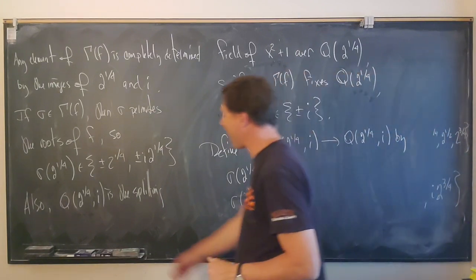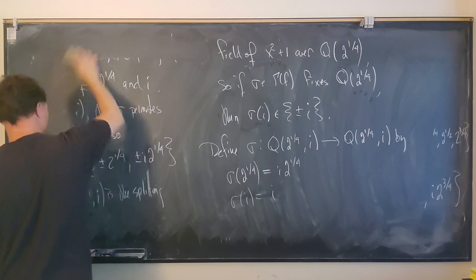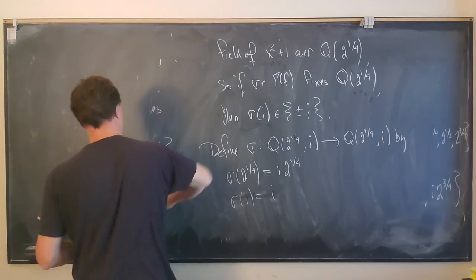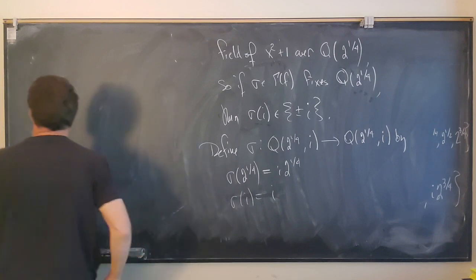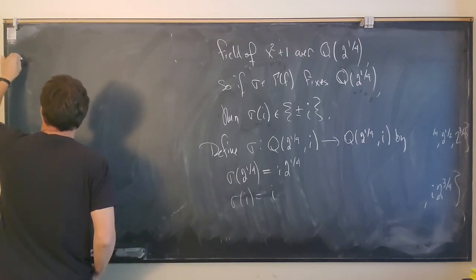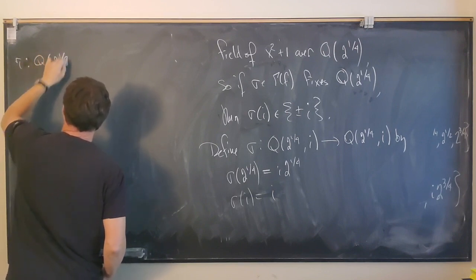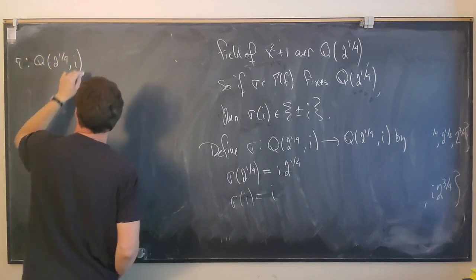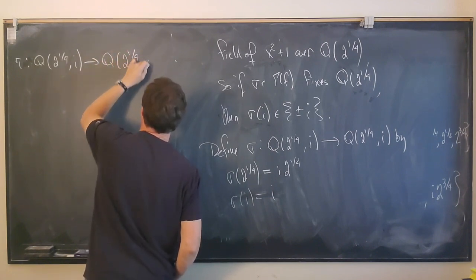And I'm going to define tau also on Q adjoin 2 to the 1/4, i.